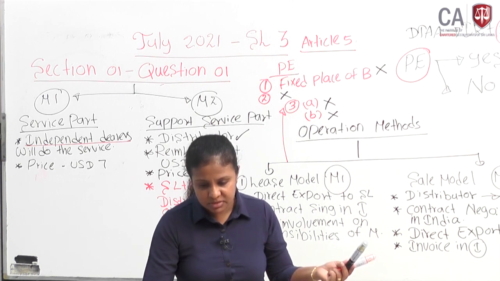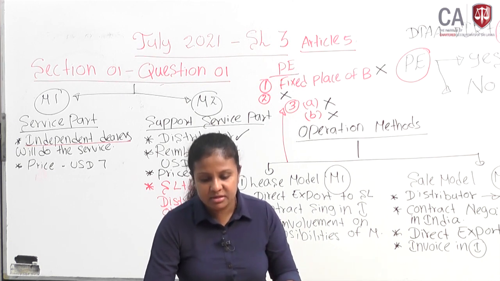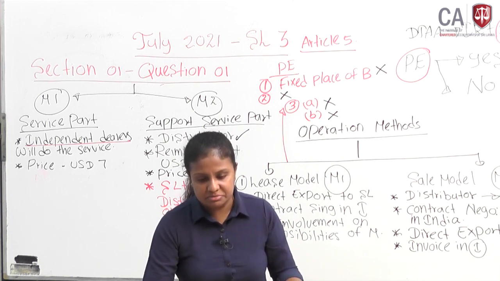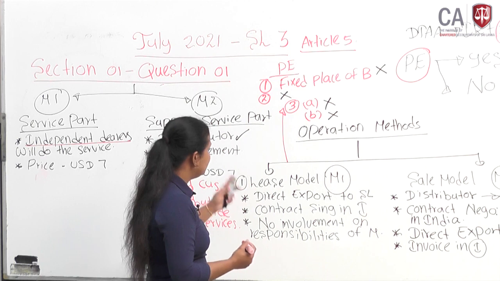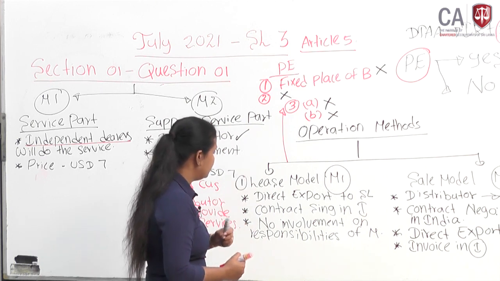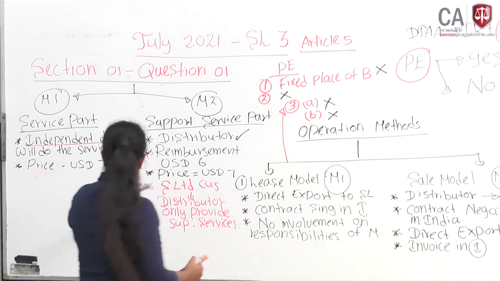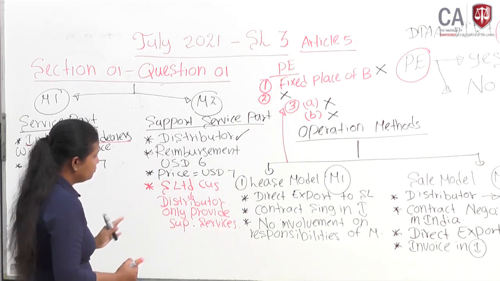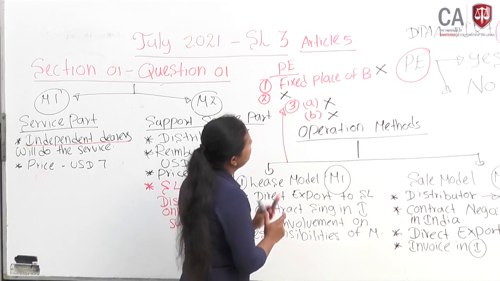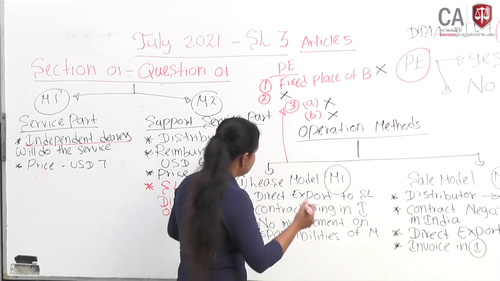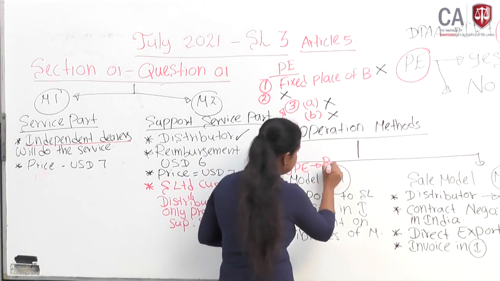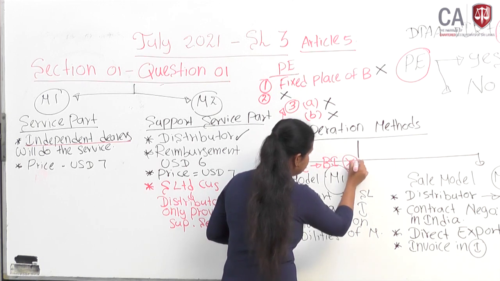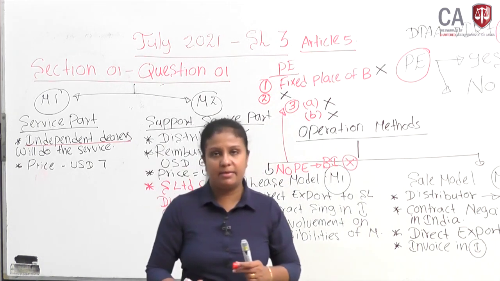There is an independent situation and a dependent situation, and none of them is satisfied for Part A. Then I am concluding for the lease model, Model 1, that I am not coming to the service part yet. For this one there is no PE, as you can see from the analysis. Therefore business income shall not be taxed in Sri Lanka under Model 1.